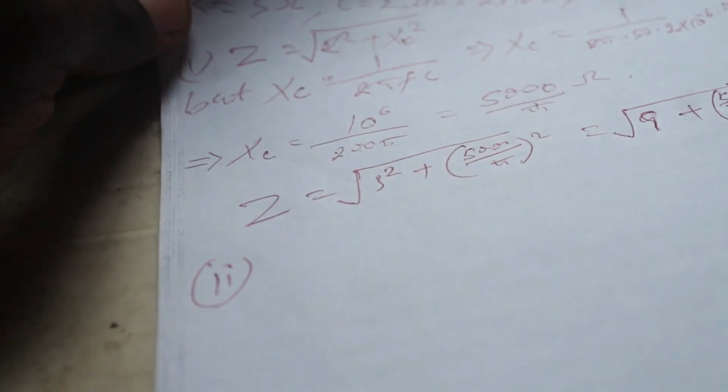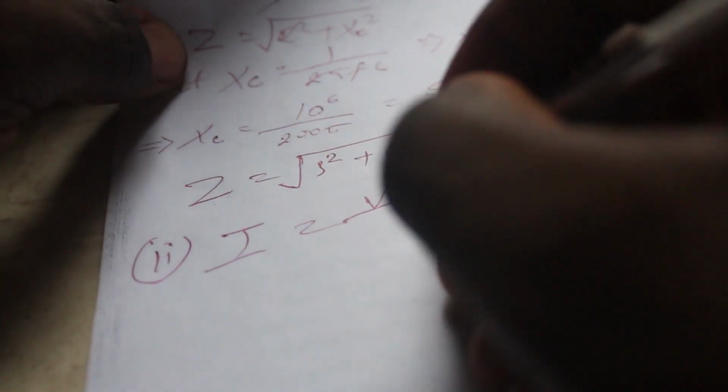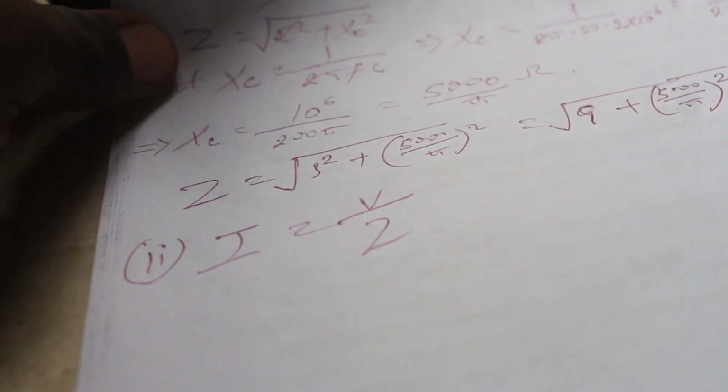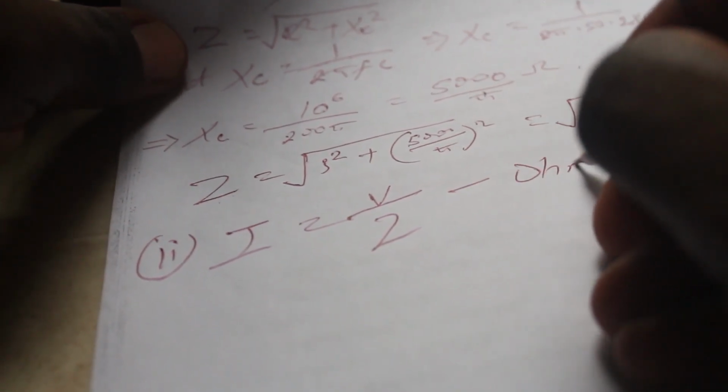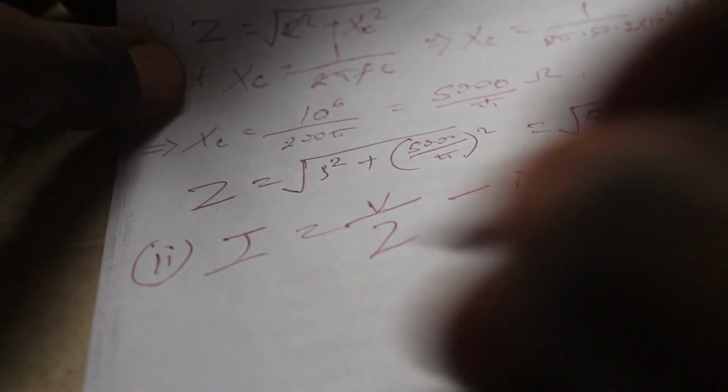So now the next question is find the current. Now current in this case is equal to V all over Z, coming from Ohm's law. Now what is V?